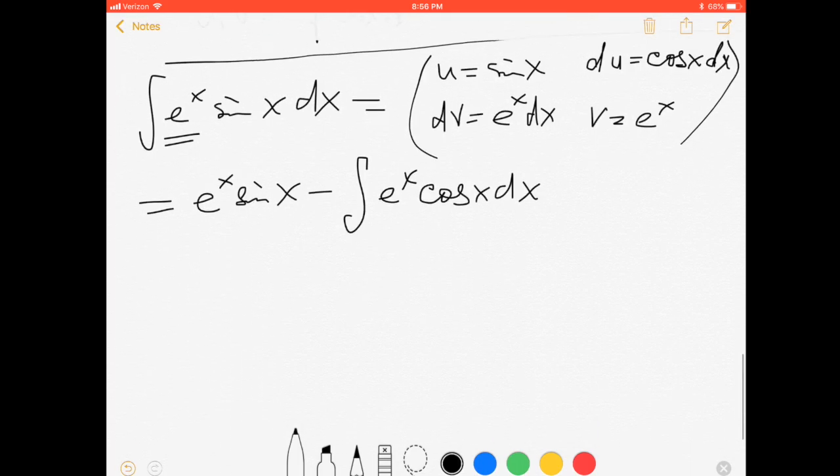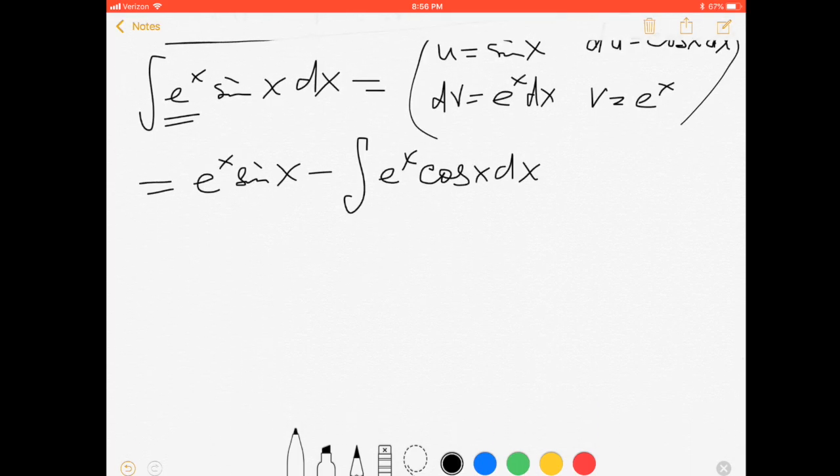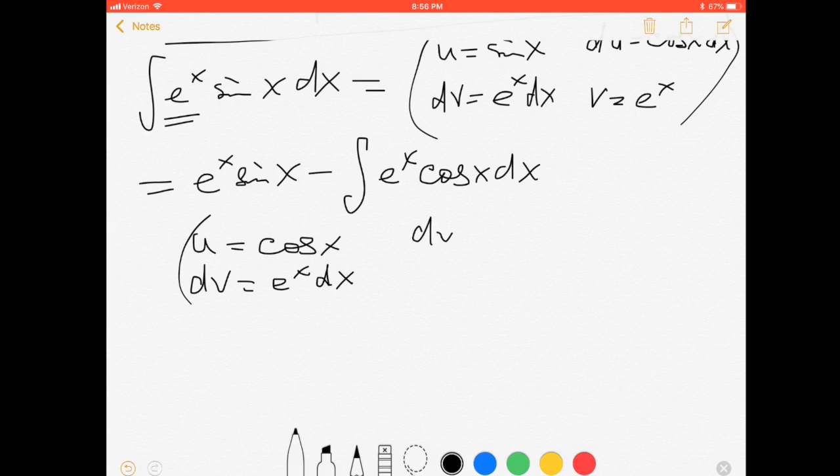Looks like we need to try doing it one more time. But please remember, you are doing something similar to what you did the first time. The first time u was sine x, so here u continues to be the trigonometric part of your product, which means it will be cosine x. And dv will be the exponential part. Okay? This means du will be the derivative of cosine, negative sine x dx. And v will be the exponential function. Okay?